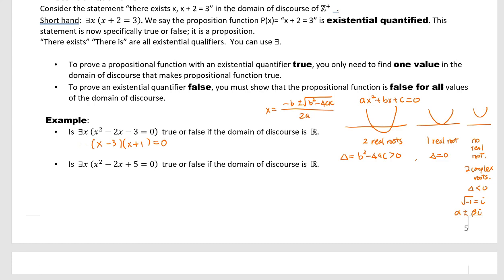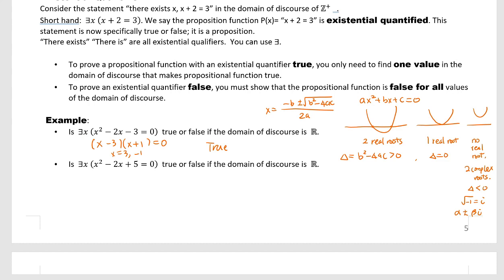Negative 3 plus 1 gives us negative 2. So this means x is 3 and x is minus 1. Yes, this is true because the domain is R. So we can find the two numbers 3 and minus 1 such that this proposition is true. Okay, so this is true. Existential means if we can find some value that satisfies this propositional function, then this is true.